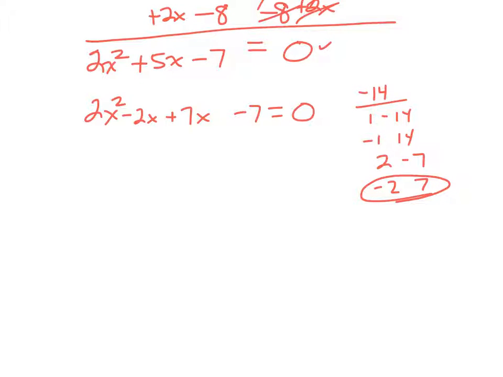And we shall do some grouping now. We can factor 2x out of those first 2 terms. 2x out of 2x squared leaves x. 2x out of negative 2x leaves negative 1.